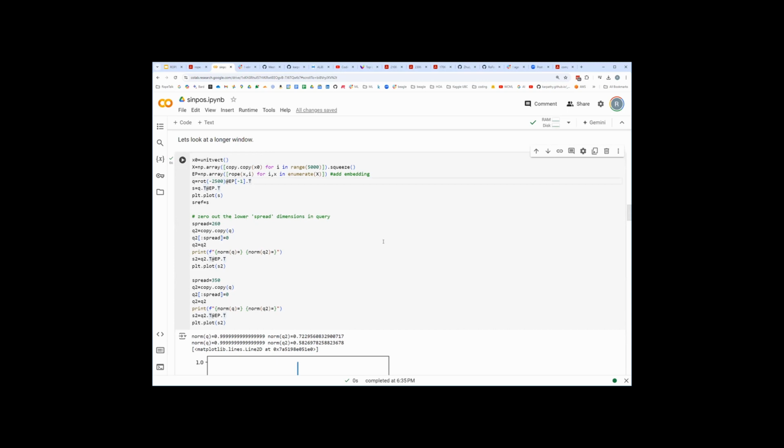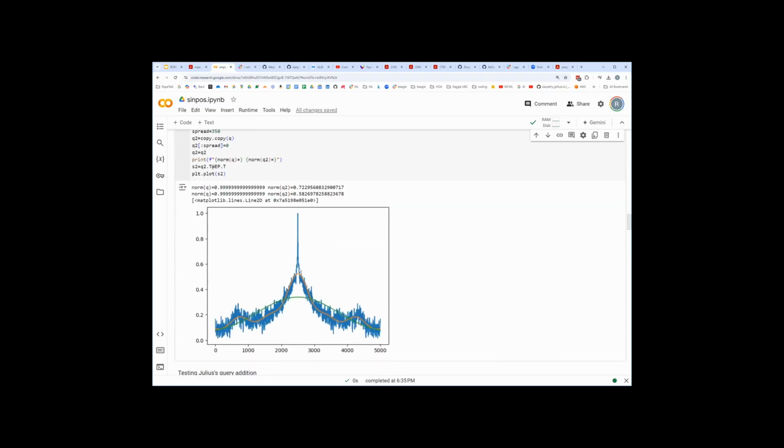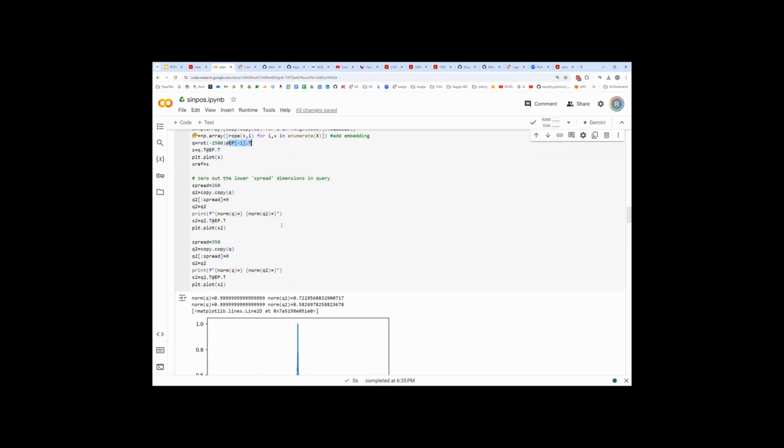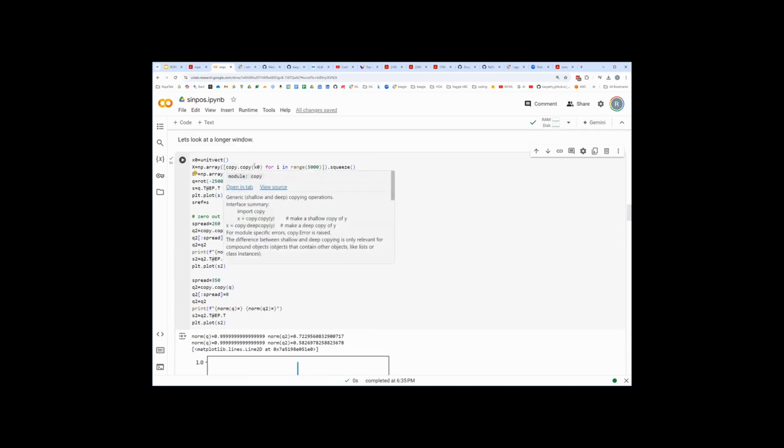So if you rotate it the equivalent of 2,500 positions, then when you query against the key at the last position rotated back 2,500, you'll get a query that'll match that same key, because these are being dotted against the same unit vector. So the sequence that you're looking at is all the same. All the keys and all the queries should be identical, except that you're adding position information, embedding in each of the end locations.